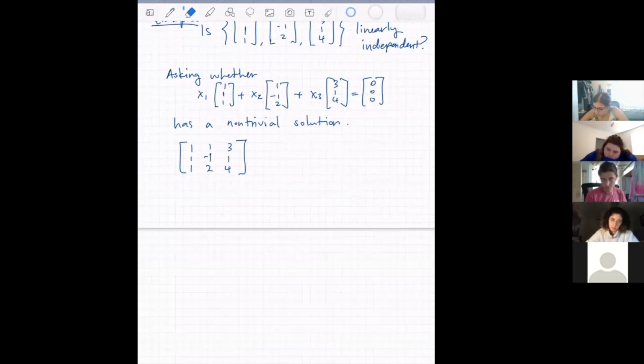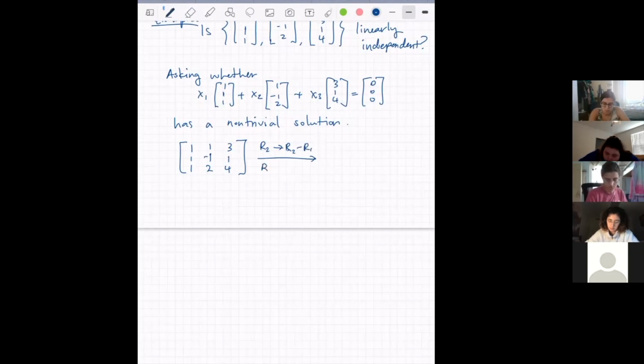So I'm going to do this a little bit faster than I normally would. So I'm going to take row 2 to row 2 minus row 1, and I'm going to actually do two things at once. So also take row 3 to row 3 minus row 1.